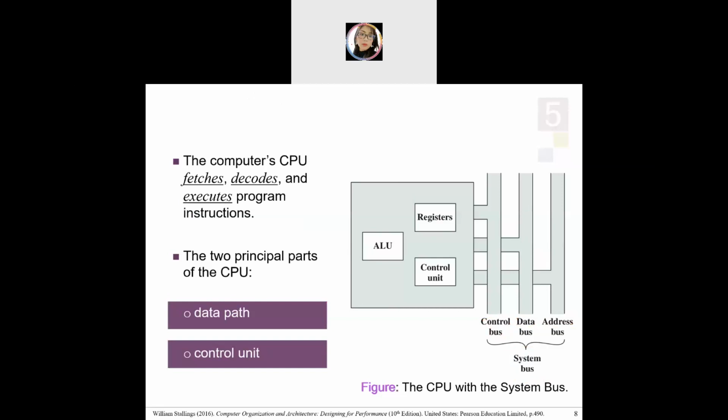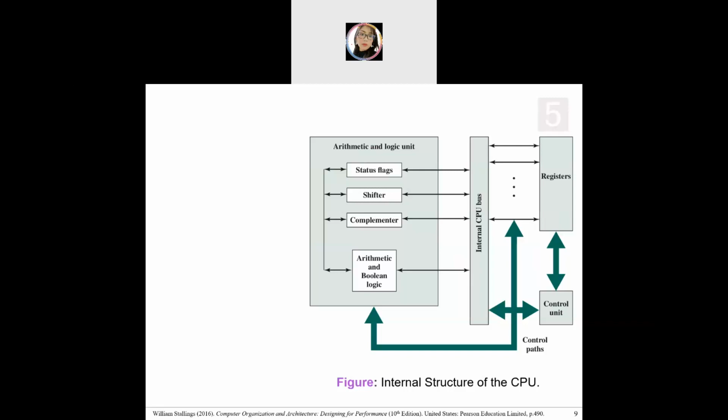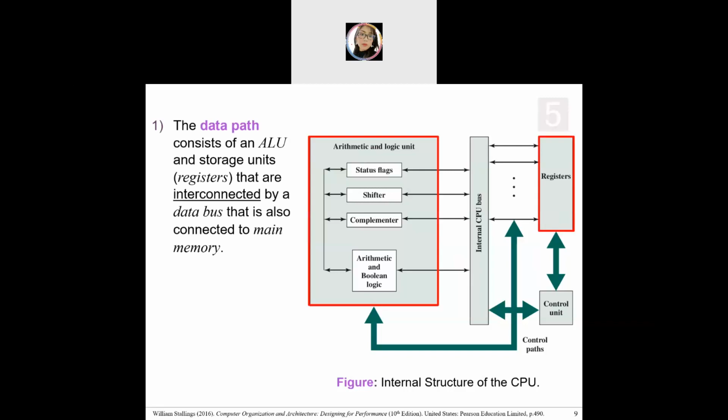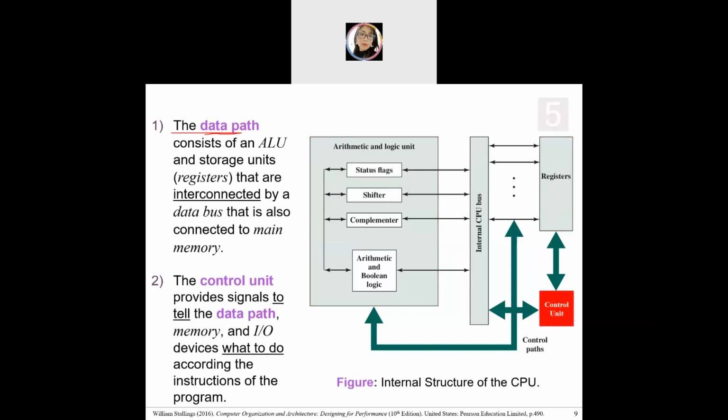You also see there are 2 principal parts of the CPU, which is data path and control unit. In this slide number 9, you see the differentiation or the definition between data path and control unit. What is their job and what is their task?